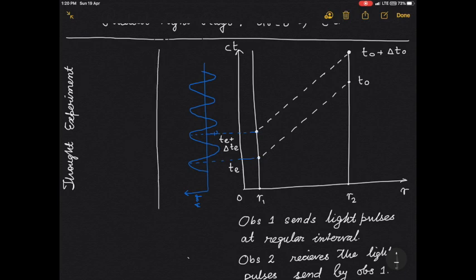Let me draw the timeline over here once again and mark these four events, four times: t emitted, t emitted plus delta t emitted, t observed, t observed plus delta t observed.